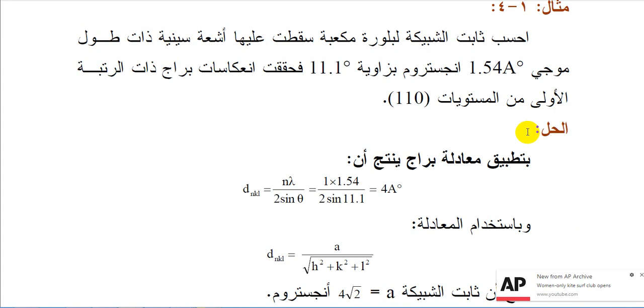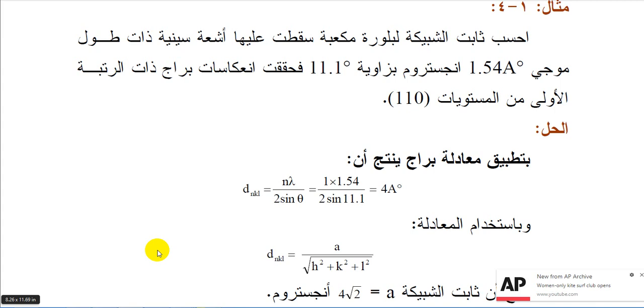The solution, by applying Bragg's law, yields DHKL = lambda / (2 sine theta) = 1.54 / (2 sin 11.1), which equals about 4 angstrom. This is the interatomic spacing for the crystal planes HKL.